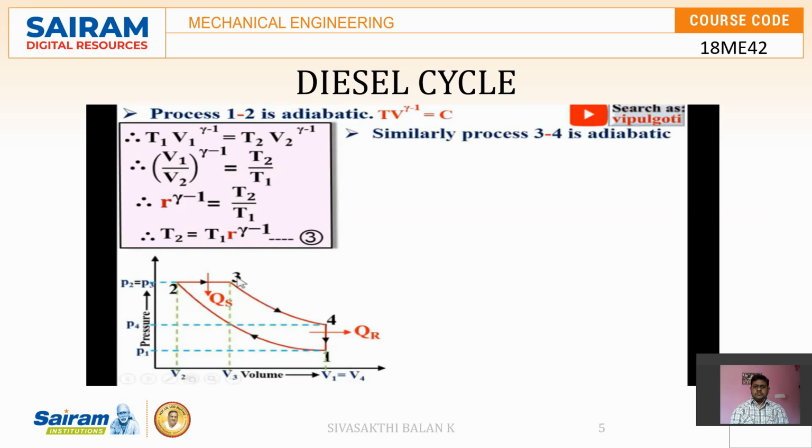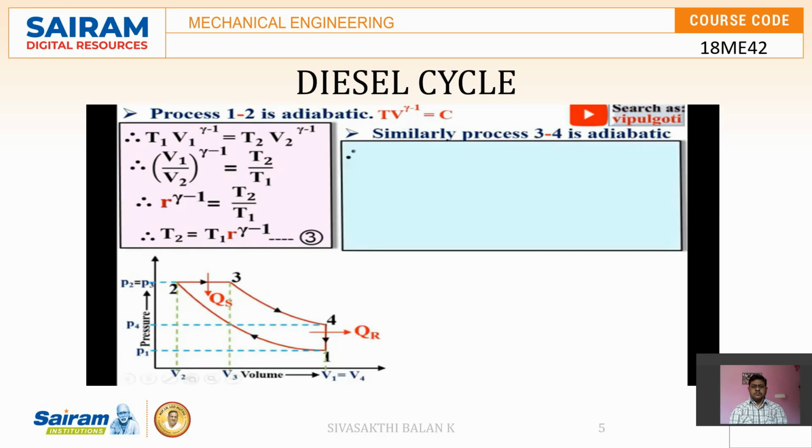Similarly, this 3-4 process is also an adiabatic process, so I can use the same relation T V raised to gamma minus 1 is equal to constant. So I can say T3 V3 raised to gamma minus 1 is equal to T4 V4 raised to gamma minus 1. So I can say V4 by V3 raised to gamma minus 1 is equal to T3 by T4. And you know why I have taken V4 by V3?